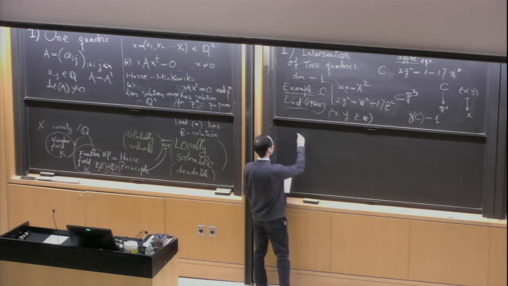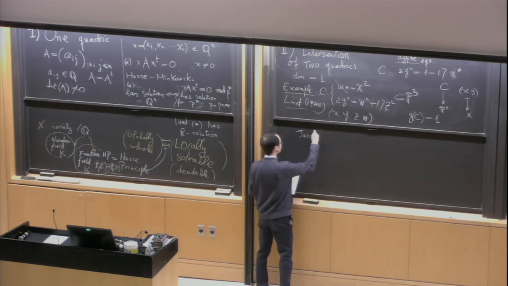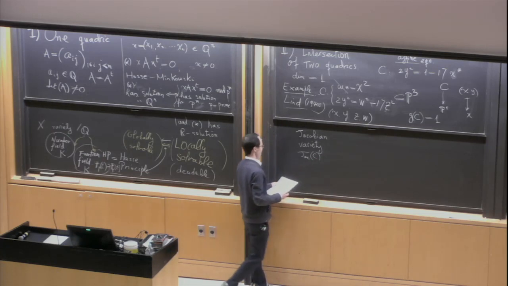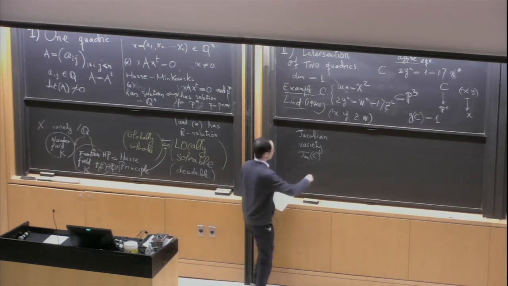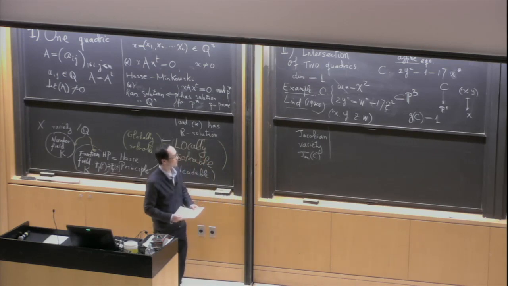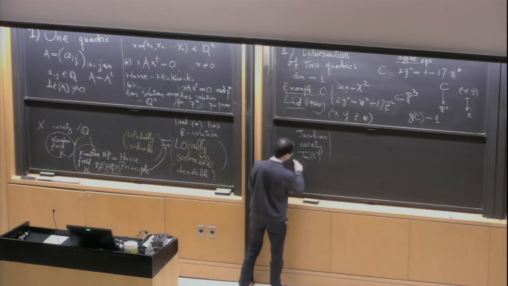In this case, one can group them according to their so-called Jacobian variety, the Jacobian of the curve, written Jacobian C. In fact, one can even explicitly write down the equation for the Jacobian variety.